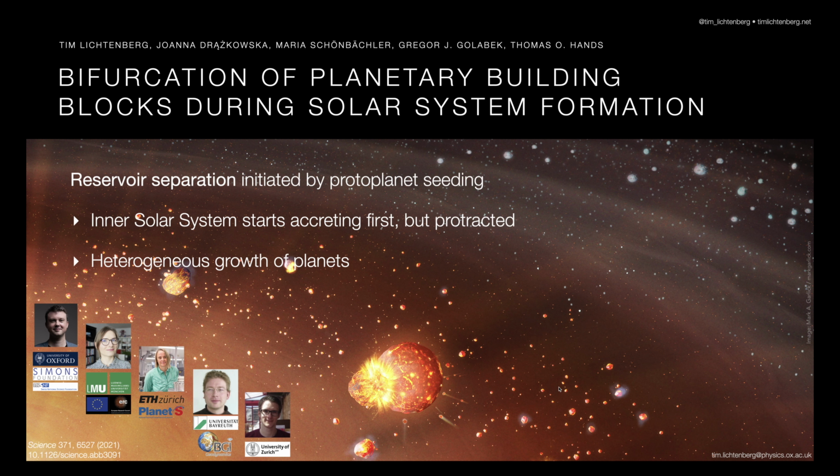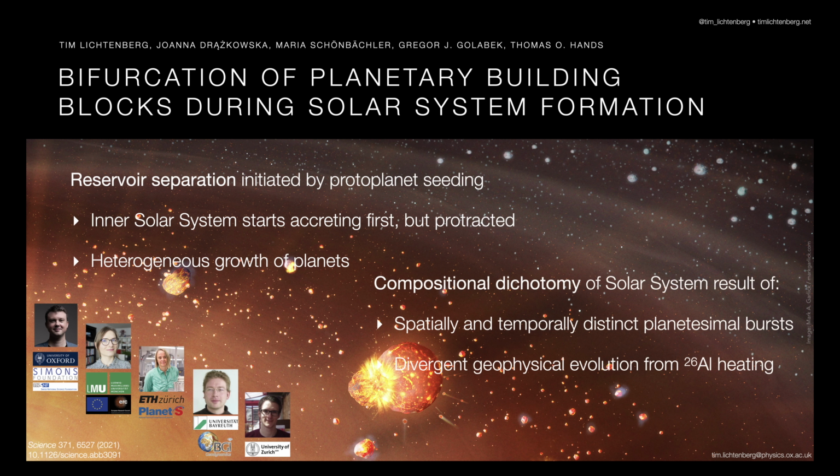The compositional and isotopic dichotomy in the solar system we observe today are a result of the spatially and temporally distinct planetesimal formation bursts, which are built up first in the inner and then in the outer solar system, and the subsequent geophysical evolution from radiogenic heating. This suggests a volatile accretion sequence that starts from volatile depleted material, transitions to a dry phase, and then to being dominated by volatile rich material toward the end stages of accretion after the disk phase.